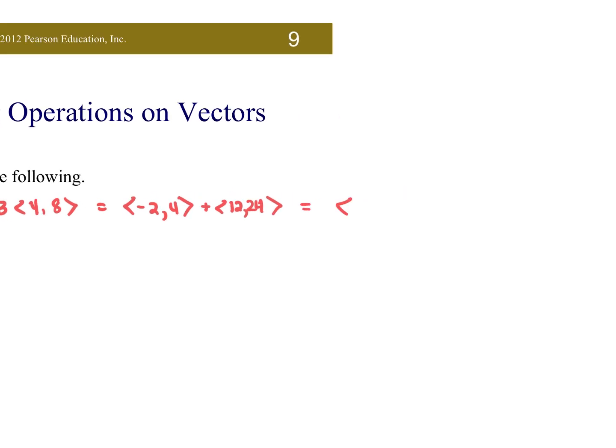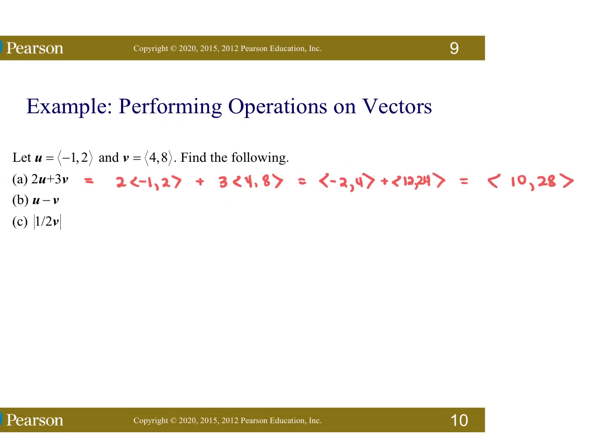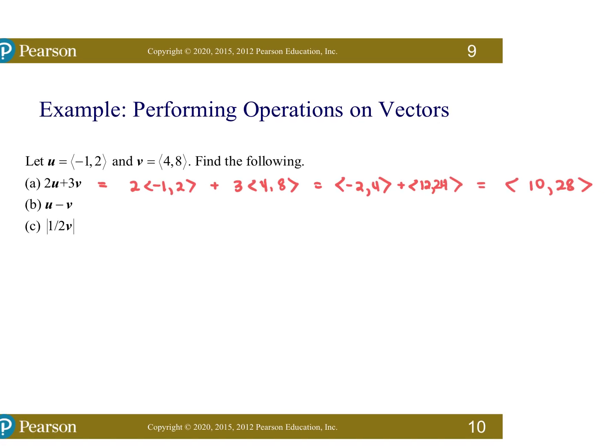And so we end up with the resulting vector of 10, 28. That's pretty self-explanatory. The subtraction, we would end up with -1 minus 4 and 2 minus 8. So we'd end up with -5, -6.